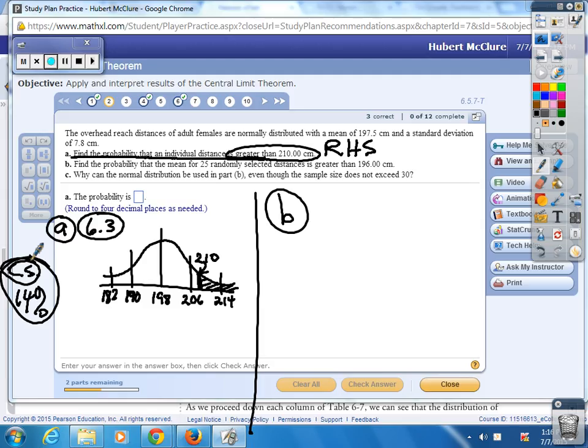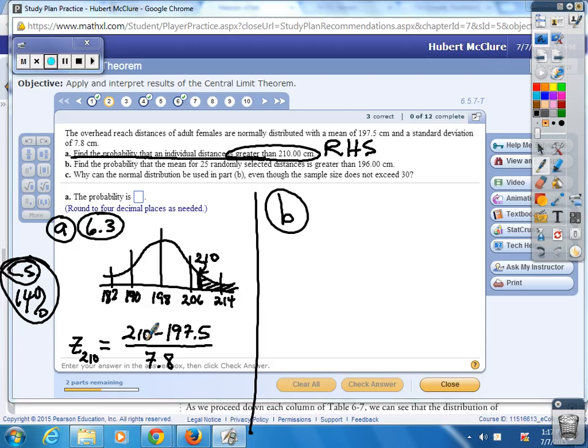So, we got to change 210 into a Z. So, Z at 210 is equal to 210 minus 197.5 over 7.8. And we know that 2.5 would be 200. So, that'd be 12.5.